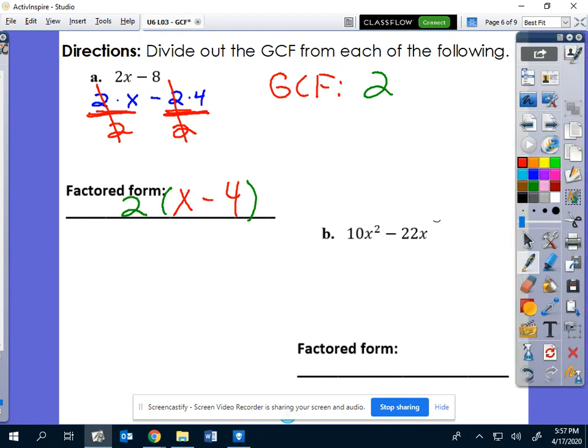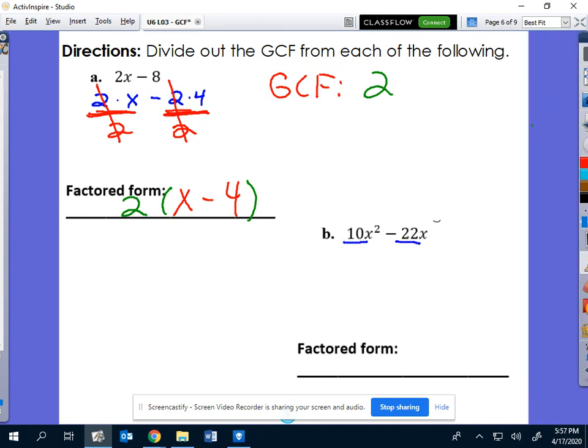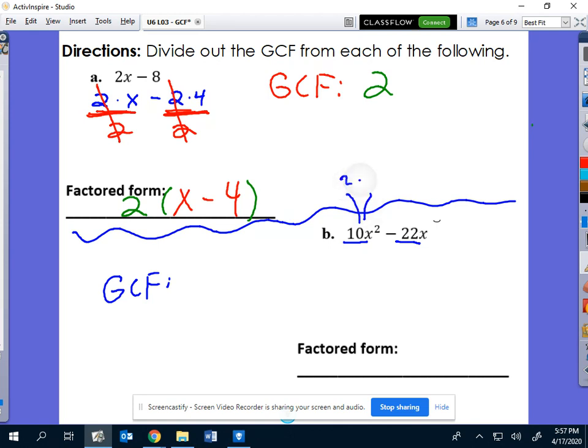But that was when I broke it into its pieces. Let's do a second example and see if this looks the same. So again, 10 and 22. What's the only number that those two have in common? Well, again, I think the only number they have in common is 2, because 10 is really 2 times 5, and 22 is really 2 times 11.